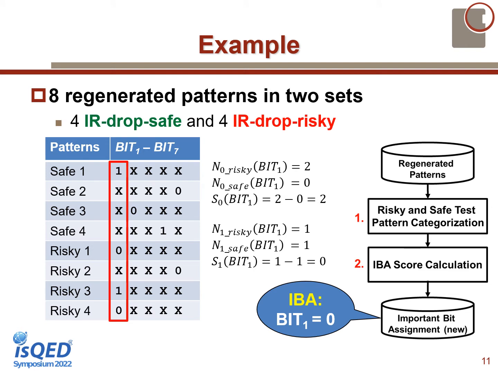There are 0 IR safe patterns with bit 1 equals 0, so N0 safe of bit 1 equals 0. We then calculate S0 of bit 1 as 2 minus 0 equals 2. Similarly, we calculate S1 of bit 1 as 0. After calculating all of these scores, we find that S0 of bit 1 is the largest among them. So bit 1 equals 0 is the important bit assignment.